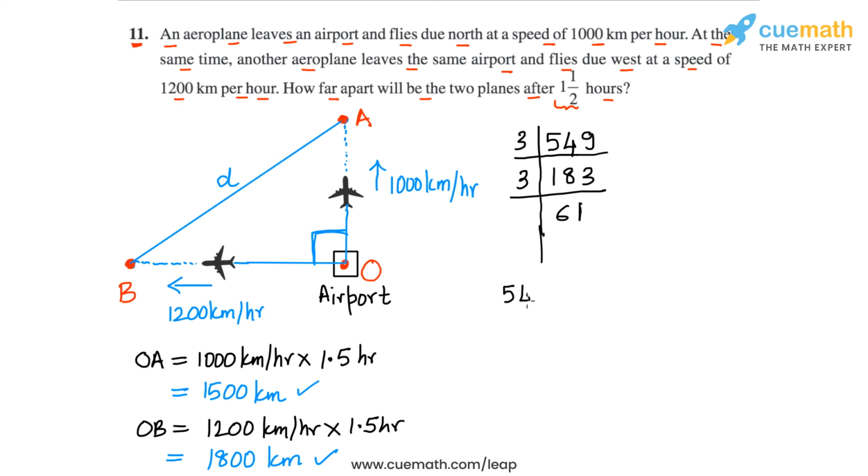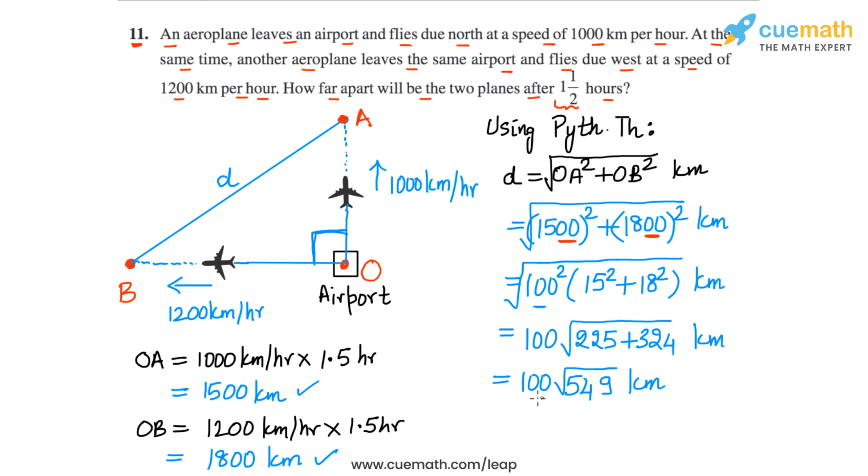So 549 is basically 3 square into 61, and this means that the root of 549 can be written as 3 into root of 61. You can go further and numerically calculate this value, but we will leave it at 3 times root of 61.